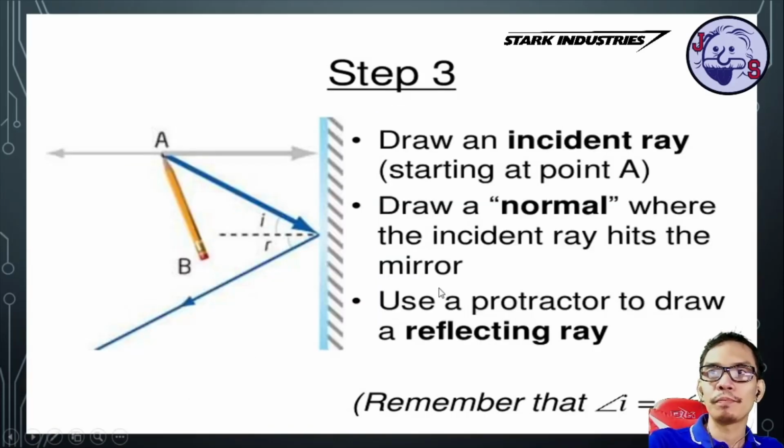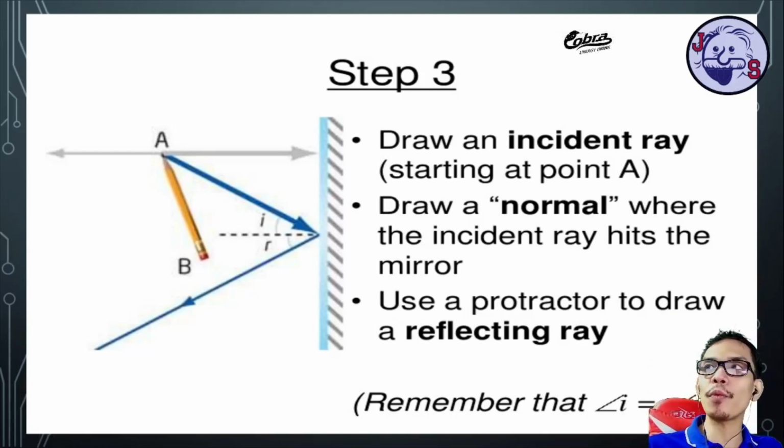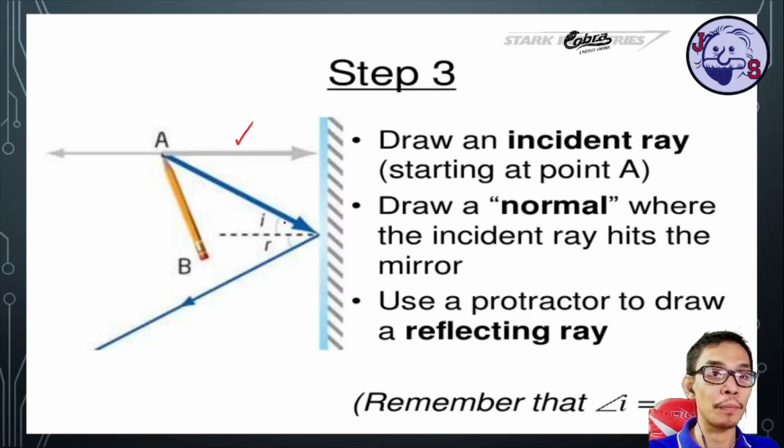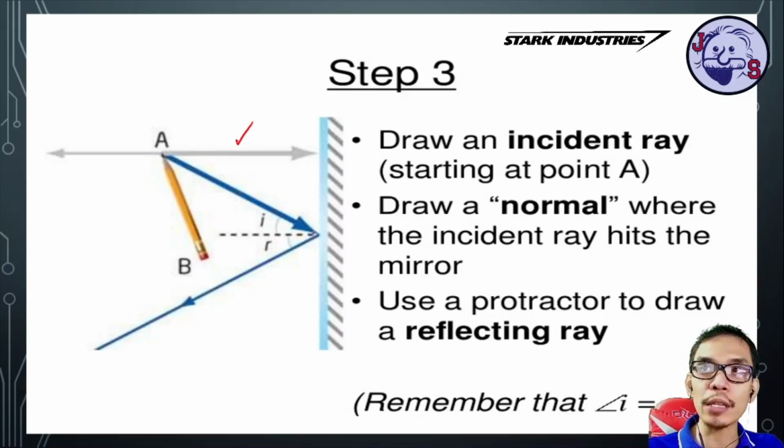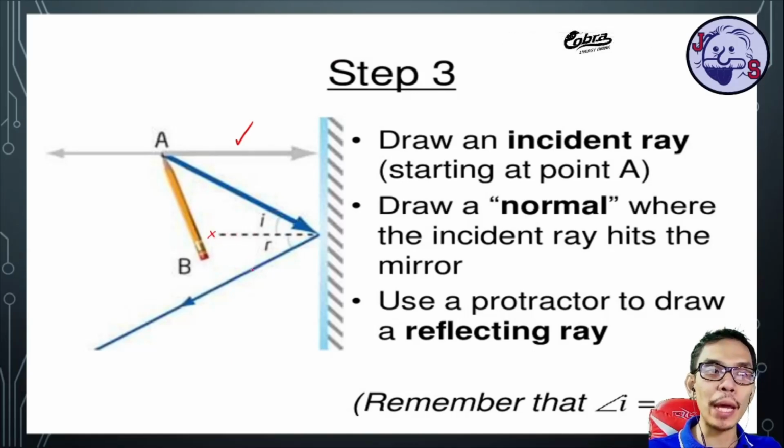Next one. Aside from drawing a perpendicular line, you can also draw a diagonal line. The problem with a diagonal line is that you must check the angle with respect to the normal line, so that you still follow the law of reflection.